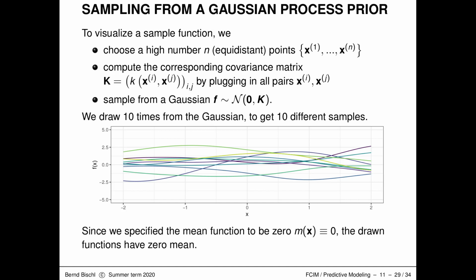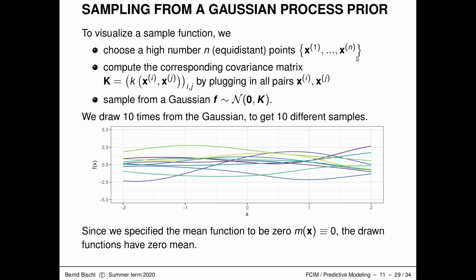Now we know that the outcome vector of our GP function on this finite set of points is described by this Gaussian here. So we just draw from that Gaussian and visualize it.